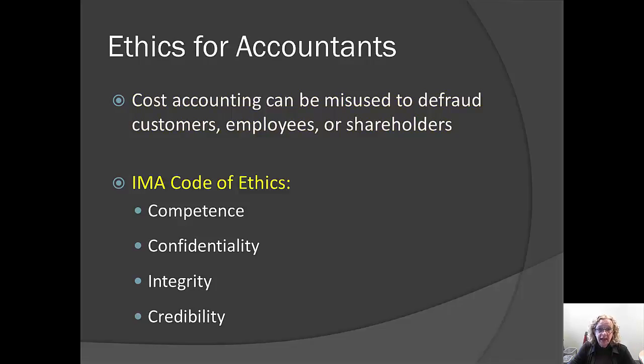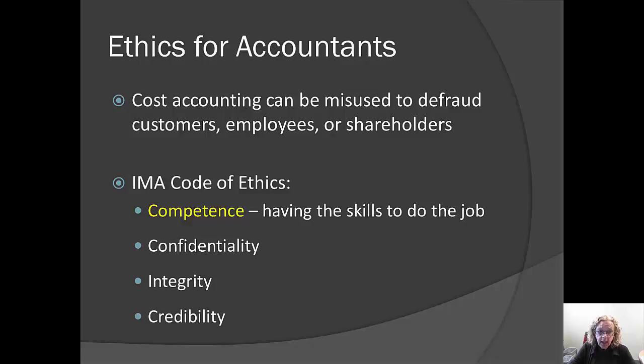The Institute of Management Accountants has an extensive code of ethics comprised of 4 major areas. Number 1, a management accountant must be competent. That means you must have the skills that you need in order to do the job properly.